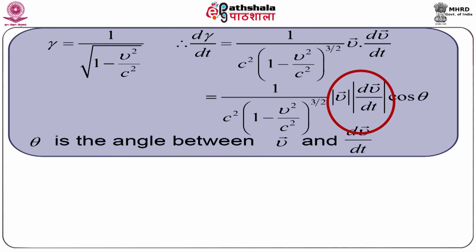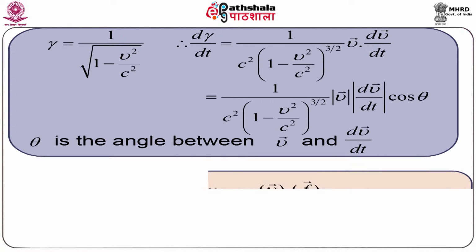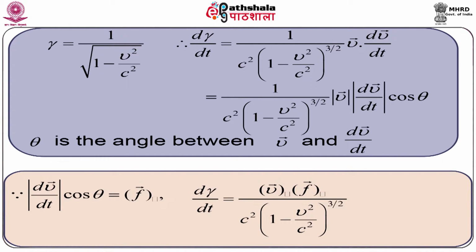So, we get this result. Here theta is the angle between two vectors v vector and d/dt of v vector. Now, d/dt of v vector with its magnitude into cos theta gives the parallel component of acceleration vector, that is f vector parallel. So, d/dt of gamma becomes this one.